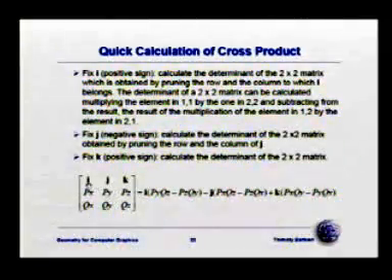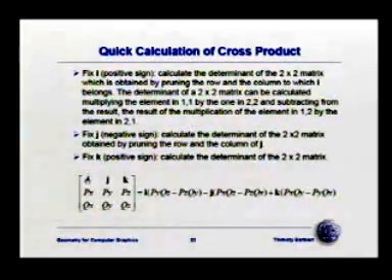Then, second rule: i is positive, j is negative, k is positive. So you start from positive and you do positive, negative, positive. Then you start like this. You're starting with i, which is positive. You prune out, that is, you take away the row and the column belonging to i.